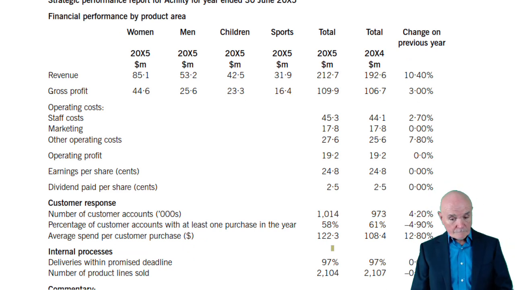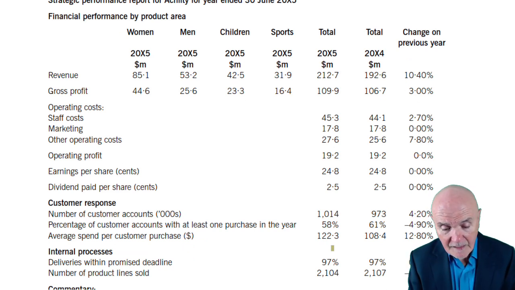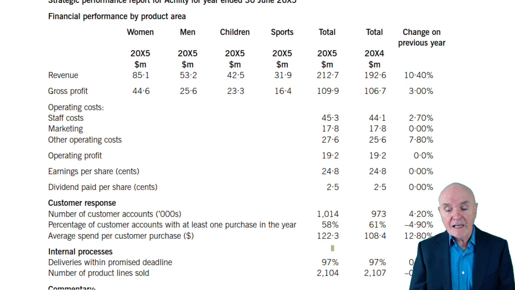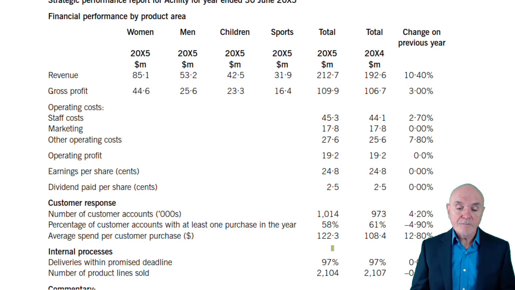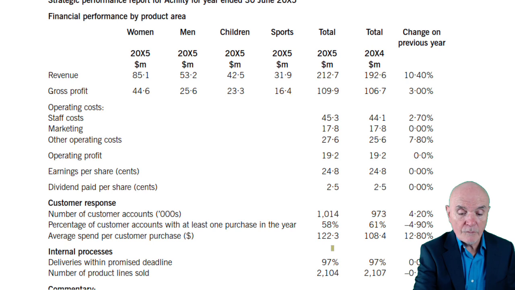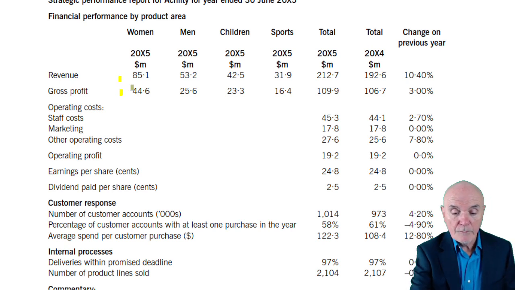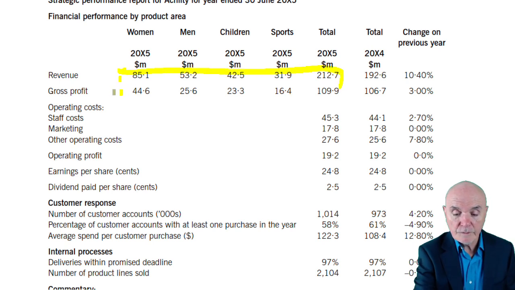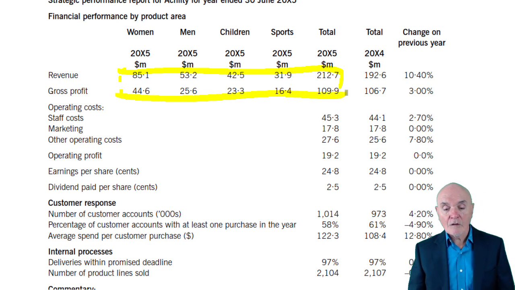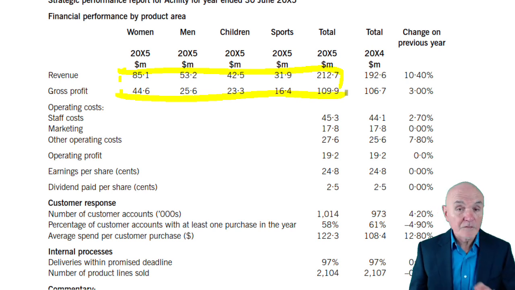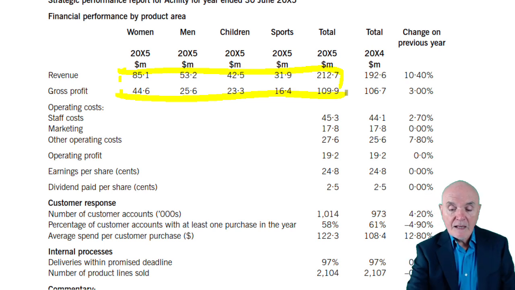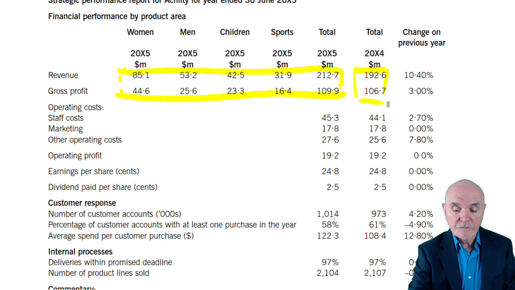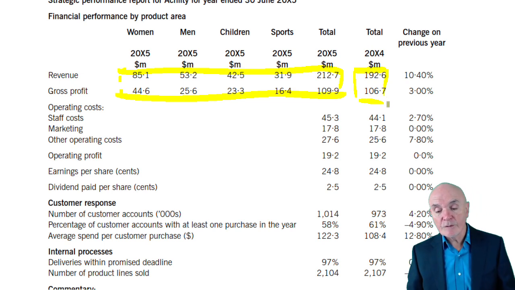What do we see? Well, 2 years here, 2x5 and 2x4. And the first thing that maybe strikes me is that although we have got the revenues and the gross profits broken down for 2x5 across the 4 different ranges of products, women, men, children, sports, we don't have it broken down across 4 in 2x4.